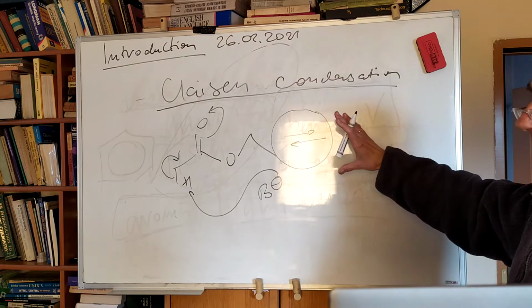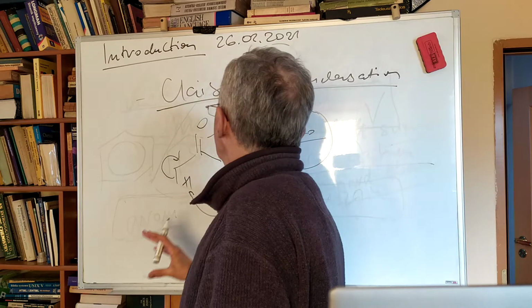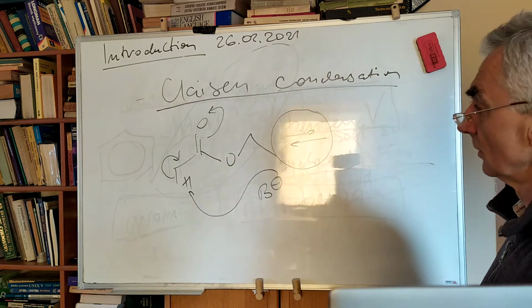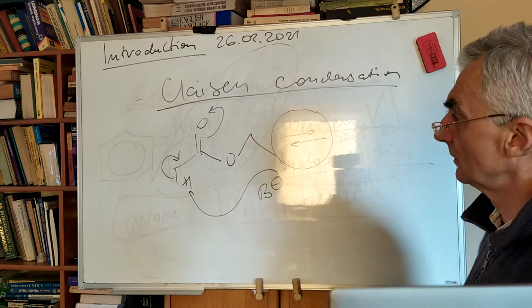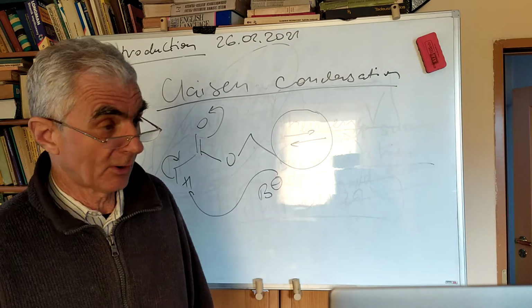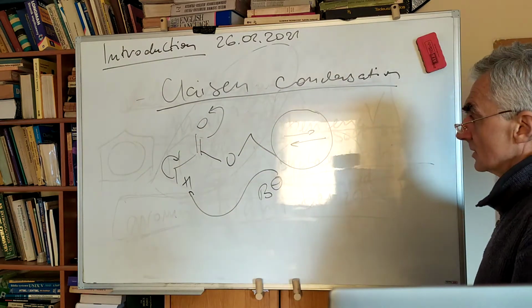Why are we using that? Because it simply gives us the possibility to understand what's going on, not in a very detailed way, but something that is sufficient for the investigation of organic reactions.